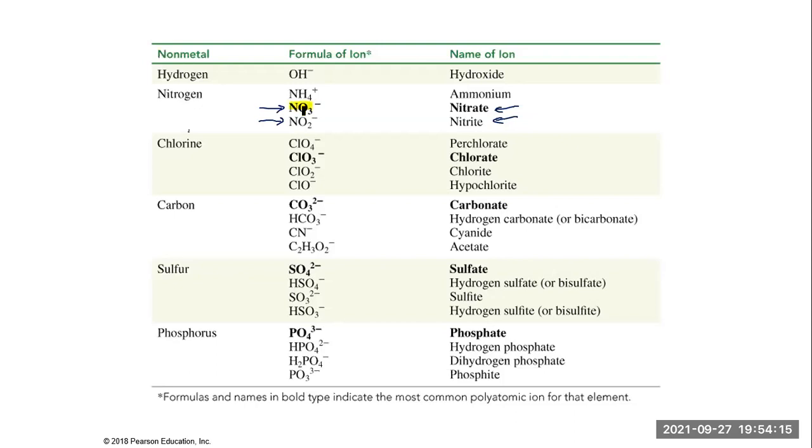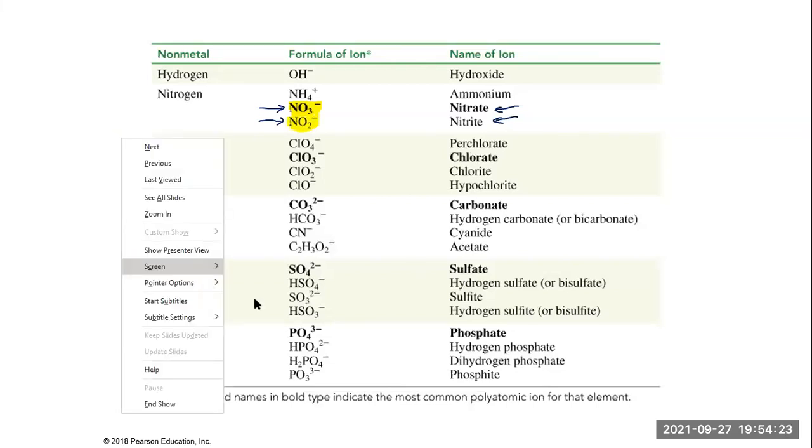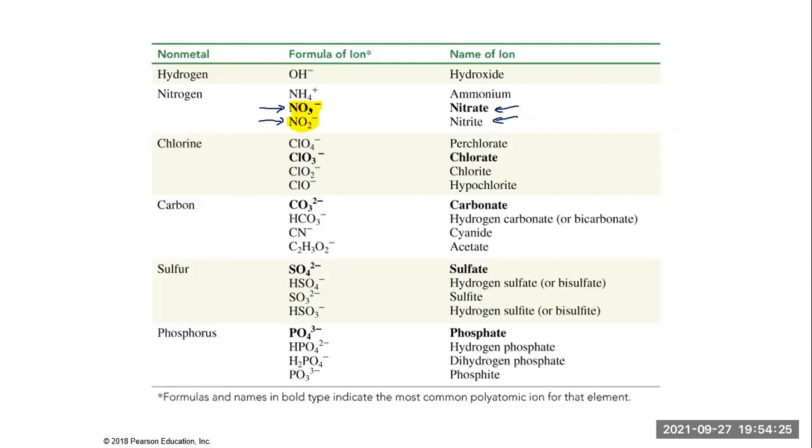For example, if we look at NO3 minus and NO2 minus, those two are related by the number of oxygens. One has 3 oxygens, one has 2 oxygens. Each has a -1 charge. The one with 3 oxygens is nitrate. The one with 2 oxygens is nitrite.